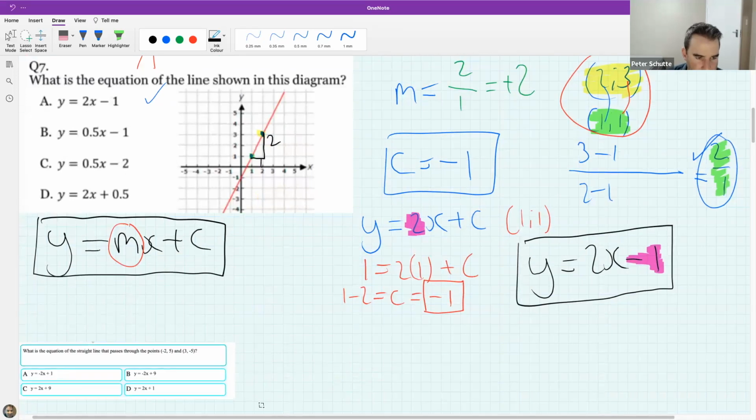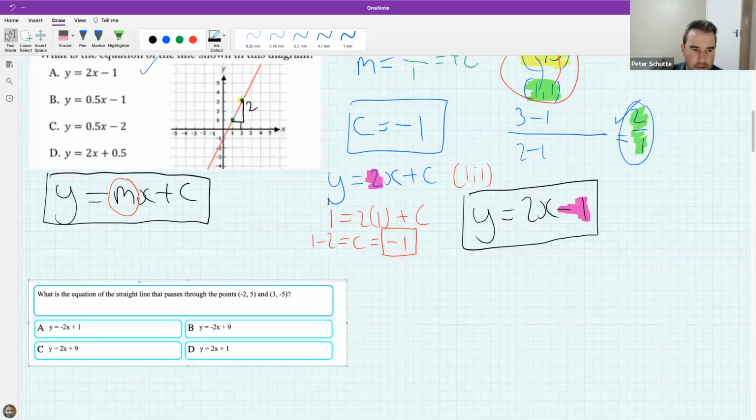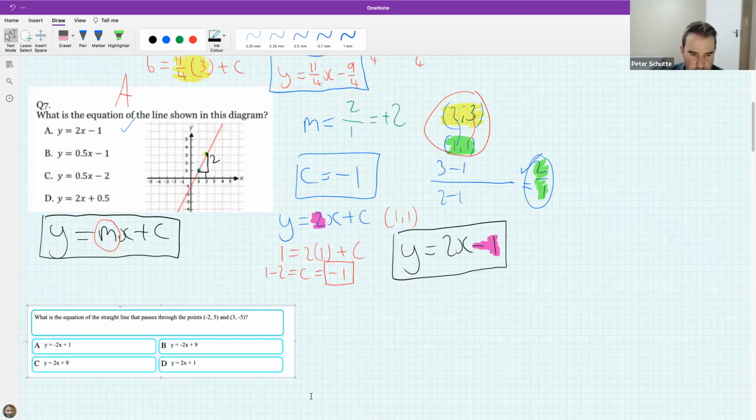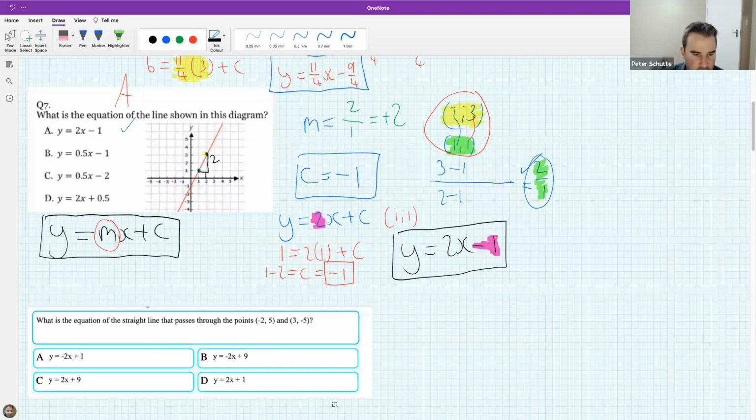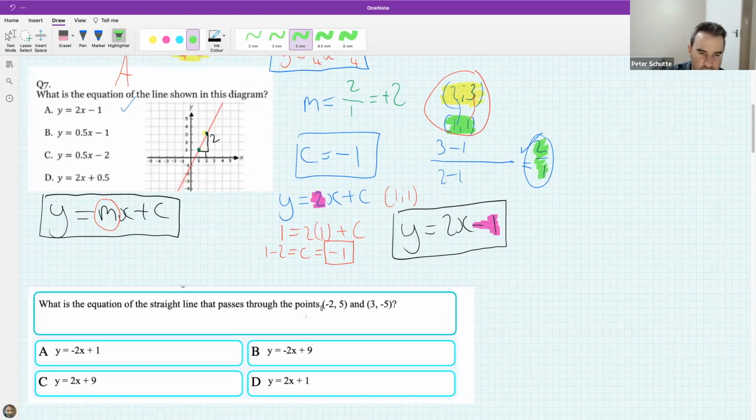So let's do this one, and I will leave this thing on the board. Can you find me the equation of the straight line that goes through these 2 points? Now, you don't have to draw these.